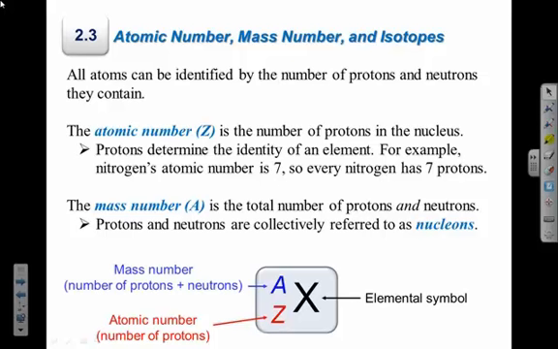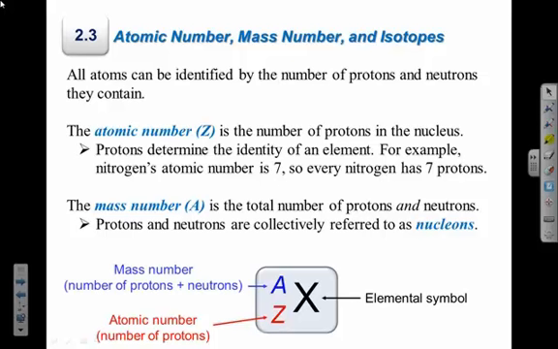So when you see a symbol written down and you see a whole number for the mass, meaning it's not a fraction or a decimal, then they are talking about one specific atom of chromium, and you can determine how many neutrons are in that atom by taking the total mass of those protons and neutrons combined, subtracting out the protons, and you'll know how many neutrons there are.